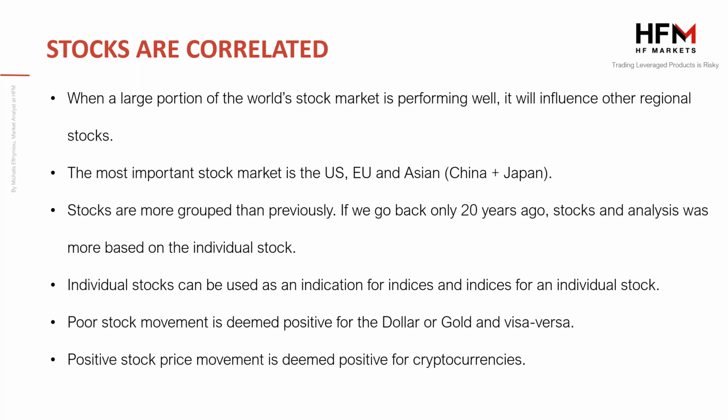Or people may look at an index. For example, the NASDAQ has become very popular, and they may look at it as an individual asset. This is a mistake. This is what fundamental analysis is saying for us not to do. Stocks are correlated. The whole stock market is correlated.